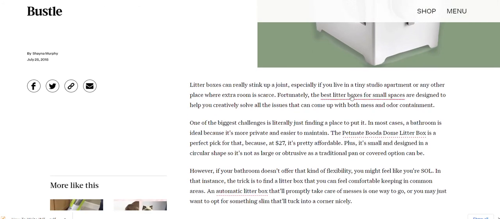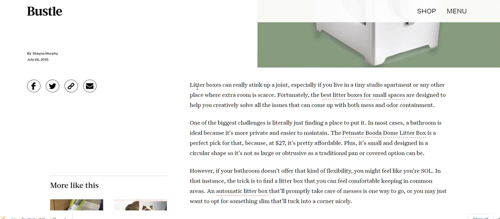Instead, they're interested in litter boxes for a small area. And by placing this information first, the writer communicates to the reader what's at stake. Litter boxes can stink, no matter the space, but it's especially hard and harsh if you don't have much space to work with.